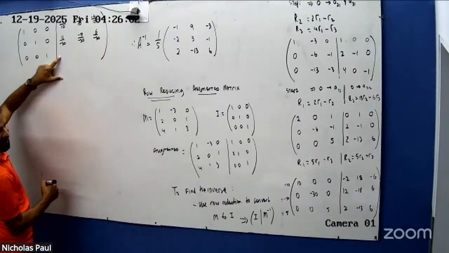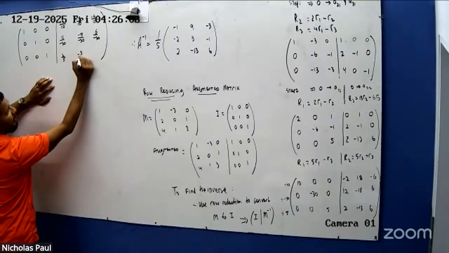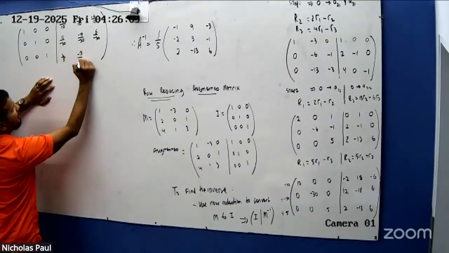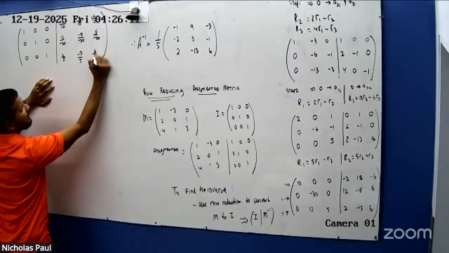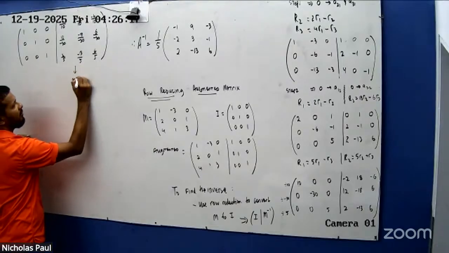And here I'm dividing by 5. So I get 2/5, 13 on 5, 6 on 5. And they all are equal, right? This here is the inverse of M.